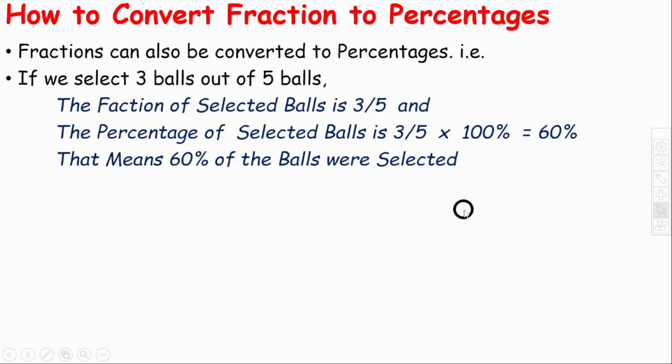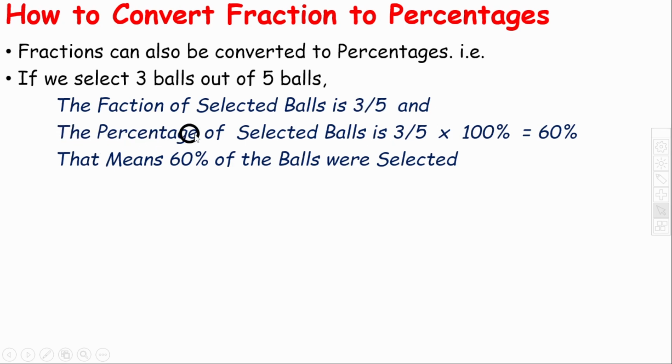Now let's get back to the topic of today, how to convert fractions to percentages. I want you to know that fractions can be converted to percentages. For example, if we selected 3 balls out of a total of 5 balls, then the fraction of selected balls becomes 3 over 5.